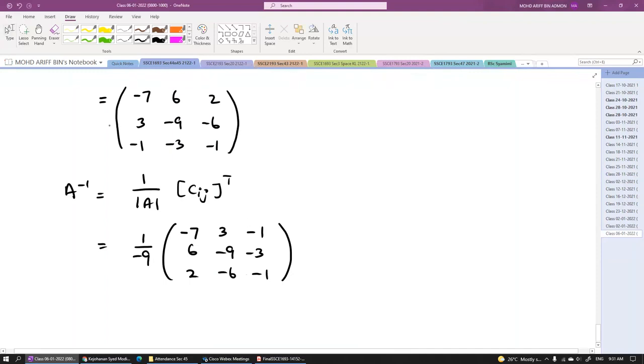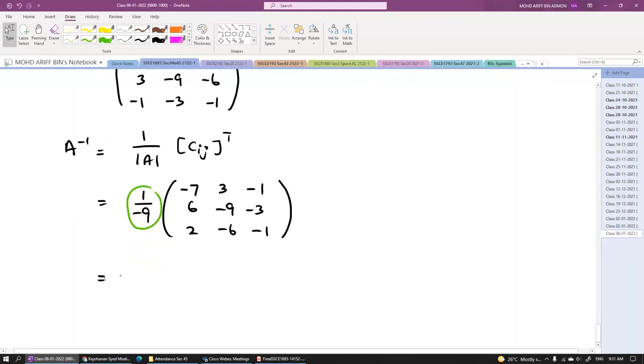Once again, this is actually just a scalar, in terms of fraction, negative 1 over 9. When you want to bring it inside, you have to multiply all of the elements by this constant scalar. So we get 7 over 9, negative 1 over 3, that is 1 over 9, and negative 2 over 3, that is 1 over 3.